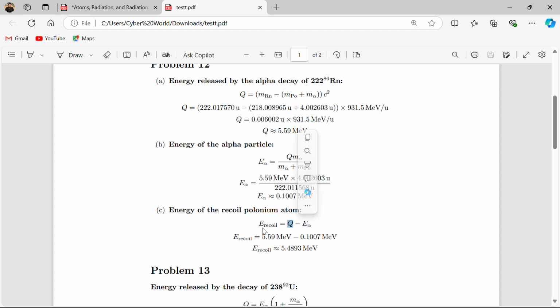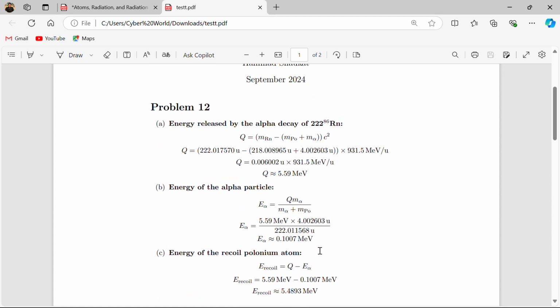So Q equals E recoil plus E alpha, and E recoil equals the total energy minus E alpha. We already found the total energy and E alpha, and after substituting you get the recoil energy, which equals 5.48393 MeV. This is how you can solve problem number 12.